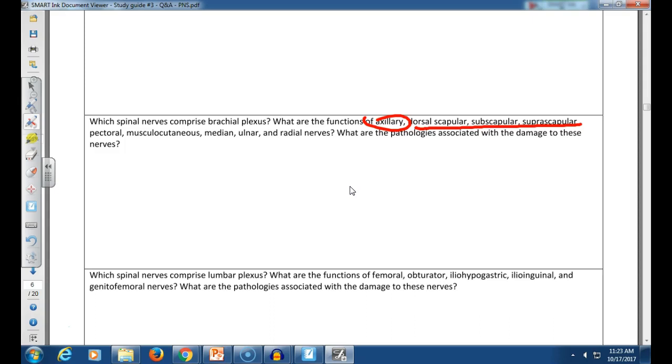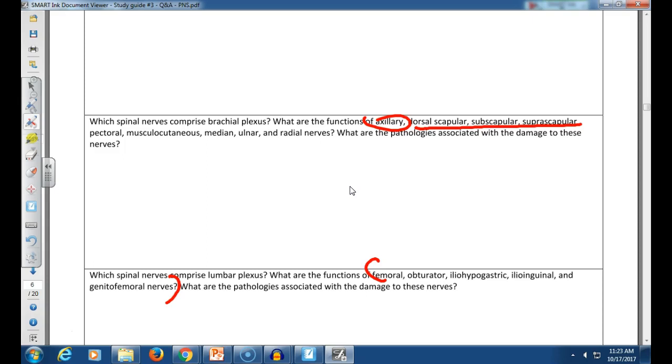Lumbar plexus. Again, you see I focus mostly on the motor nerves. Femoral, thigh. What does the thigh do? Muscles of the thigh, quads. What do they do? Knee. Okay. Obturator, adduct.